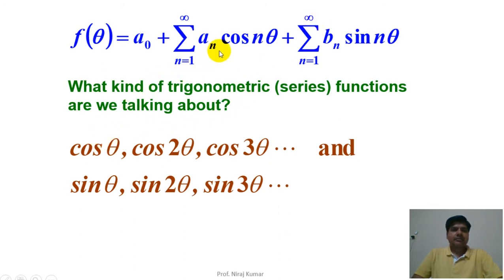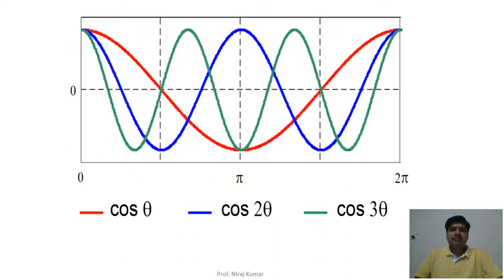So this function is basically cos theta, cos 2 theta, cos 3 theta, and so on. And this is sin theta plus sin 2 theta, sin 3 theta, and so on. We can understand separately how cos theta, cos 2 theta, cos 3 theta, etc. look. So let us take the angle theta from 0 to 2 pi.